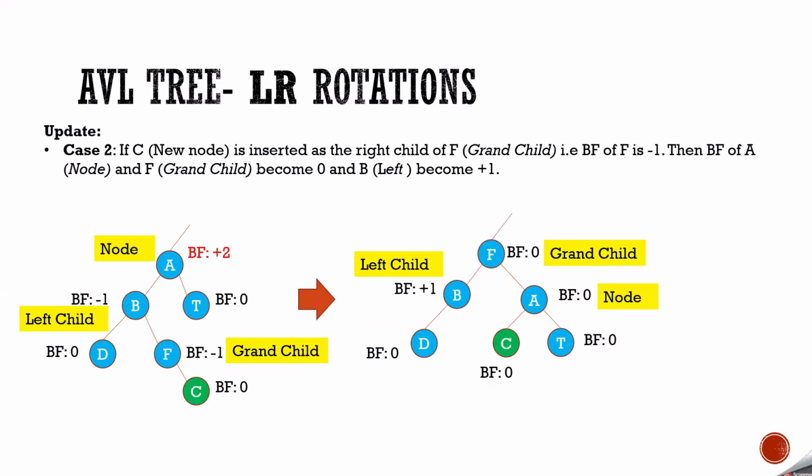What is case 2? Case 2 is, if the new node is inserted as a right subtree of the grandchild. In this case, what happens? The grandchild will become 0 after rotation, the left child will become 1, this is the only change, and A will become 0.